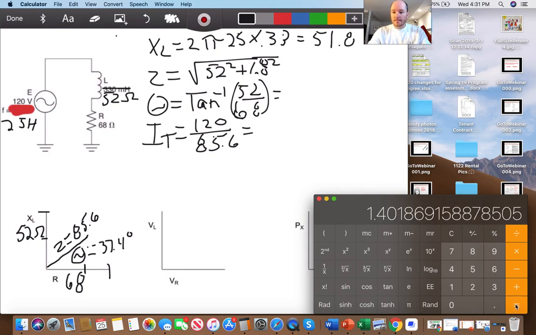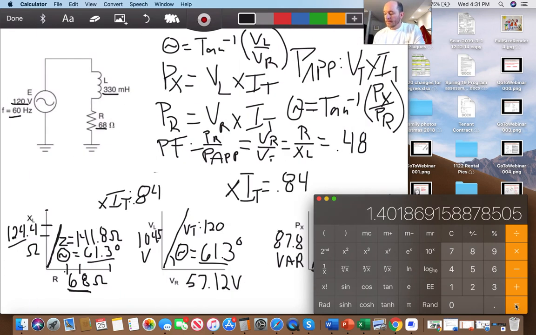My IT equals 1.4 amps compared to the 0.184 that it was before. So now I know my current has gone up.